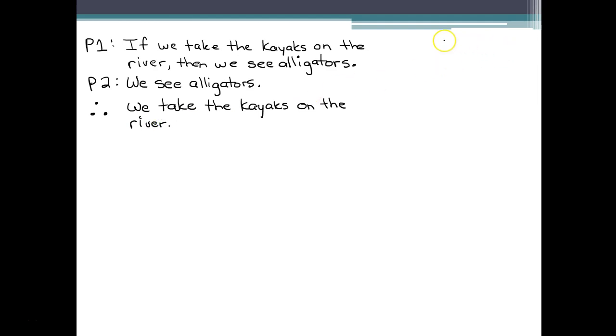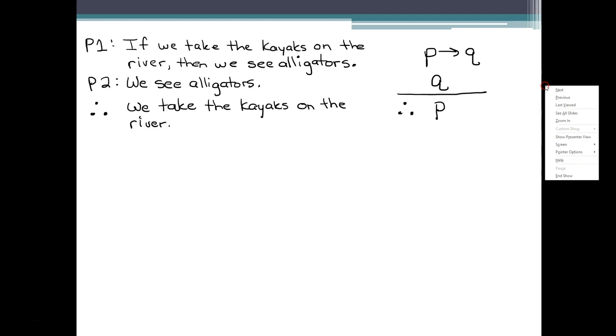Okay, so premise 1, if we take the kayaks on the river, then we see alligators. Premise 2, we see alligators. Conclusion, we take the kayaks on the river. Okay, so if P then Q, Q, P.